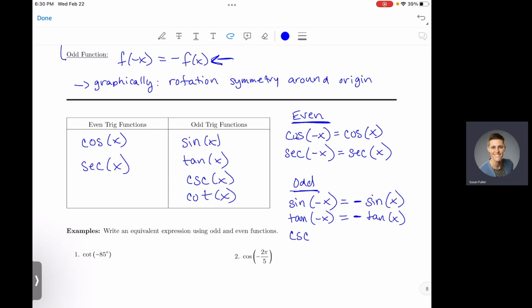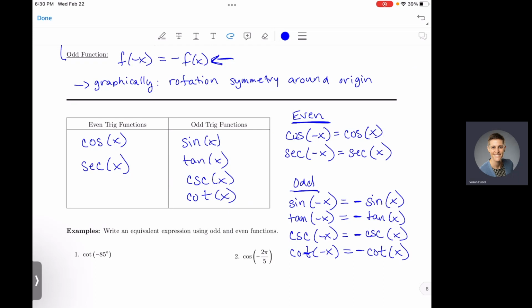If I take a negative angle and plug it into cosecant, I'm going to get the negative of the positively rotating angle. And if I put a negative angle into cotangent, I'm going to get the negative of the positively rotating angle.